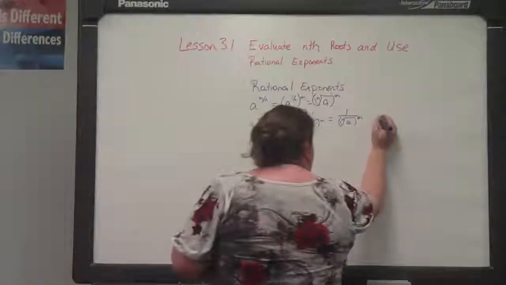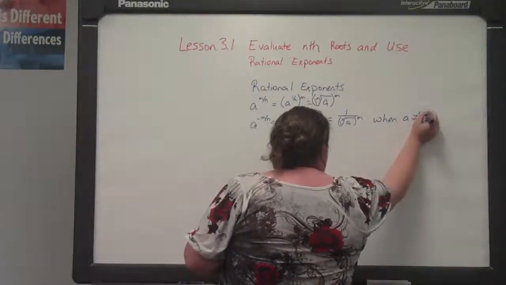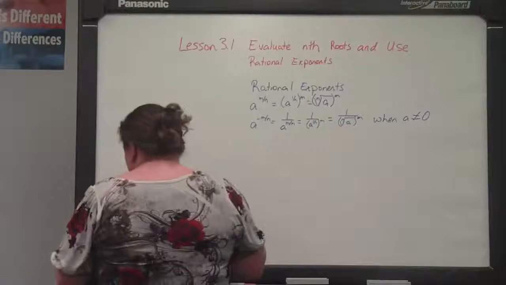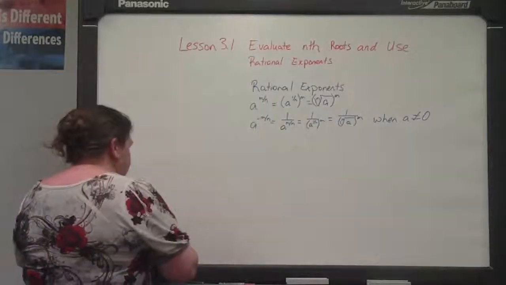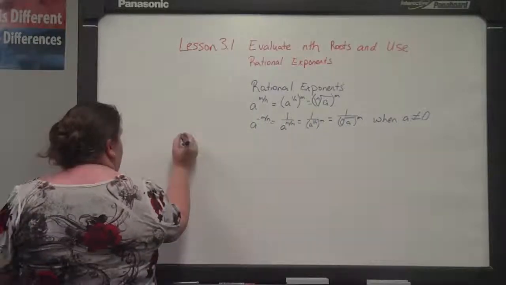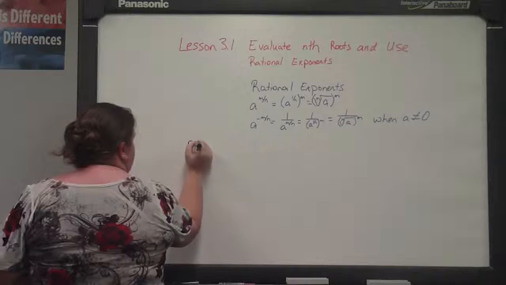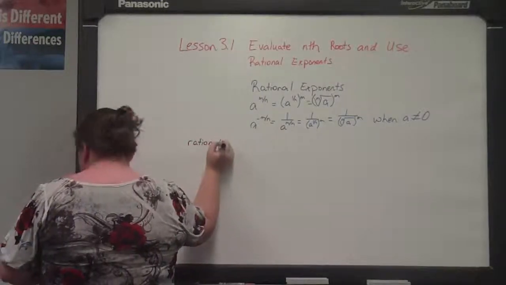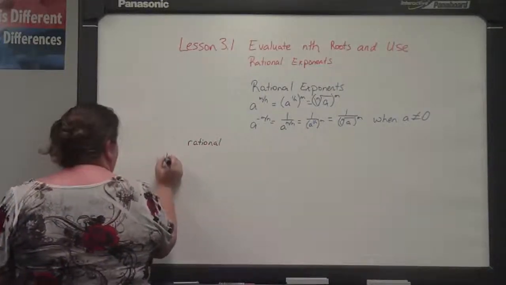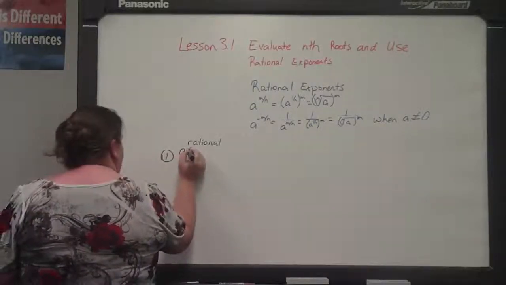And this one is when a does not equal 0. So now what we want to do is go ahead and solve a couple. The first one, I've got rational and I've got radical. So rational first. The first one says 9 to the 5 halves.